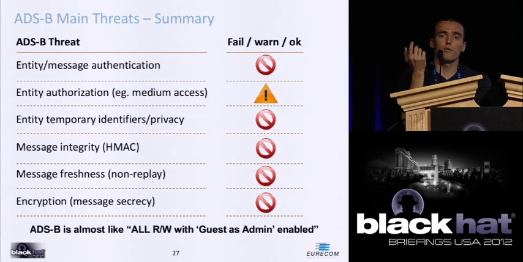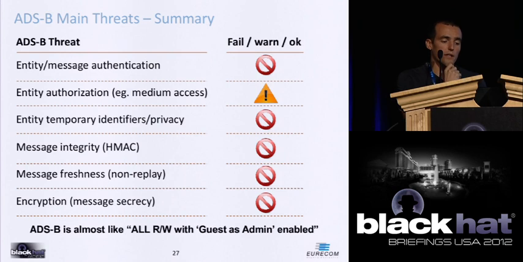Normally an aircraft is authorized in the first place, so if it has an ADSB transmitter, it's authorized to send messages. But because there is no authentication, you cannot verify that this is a true aircraft. So authorization is like a consequence failure. That's why it's a warning.